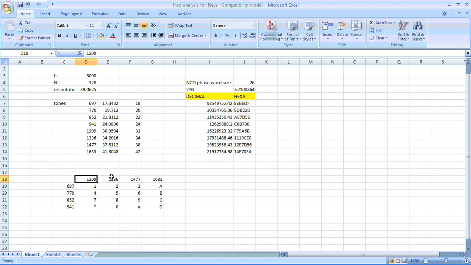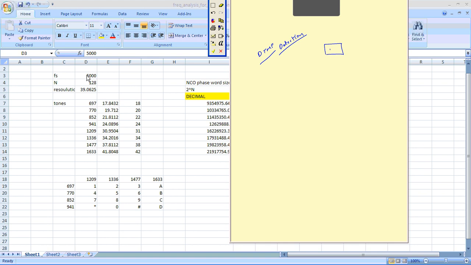Now, for our design we have considered a sampling frequency of 5000 hertz. Here one should recollect the fundamentals of FFT and the relationship between sampling frequency and FFT output bin separation.